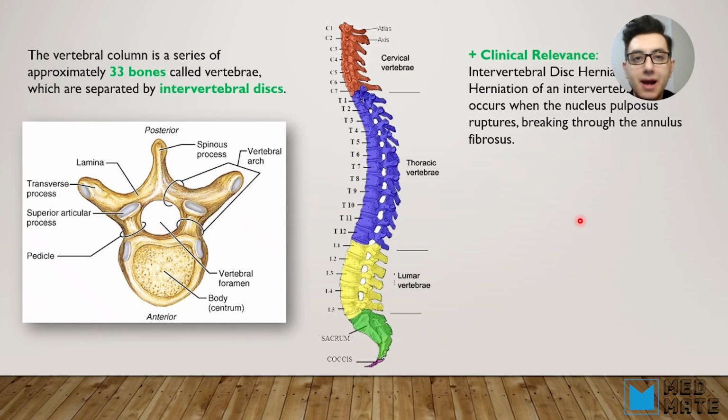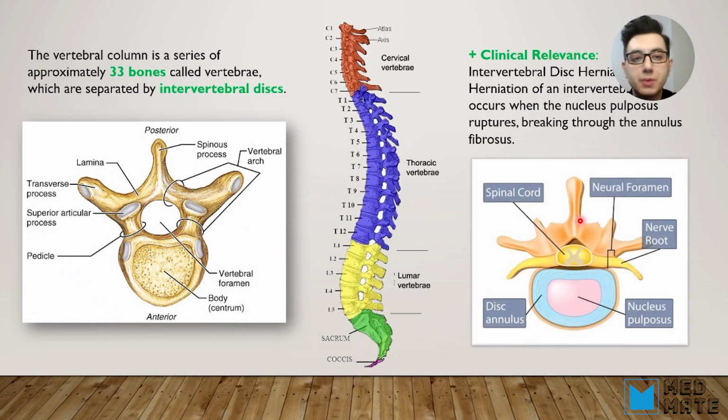Alright, let's talk about the clinical relevance of that. Earlier I told you about the intervertebral disc, and if there is a huge amount of pressure on the intervertebral disc, then we'll have herniation of the intervertebral disc. Now, the intervertebral disc consists of 2 parts. The inner portion is called the nucleus pulposus, and the outer portion is called the annulus fibrosus.